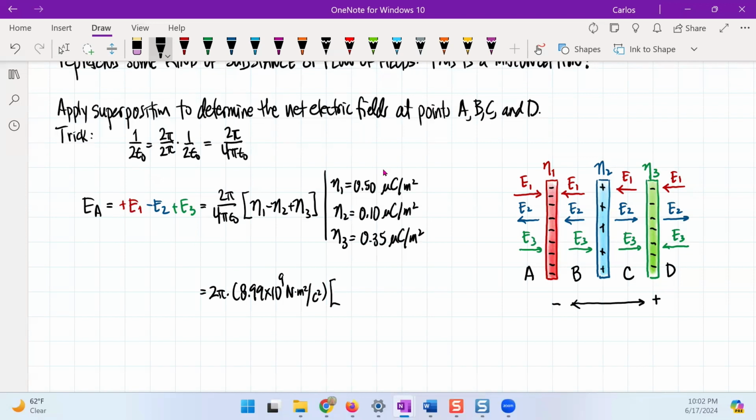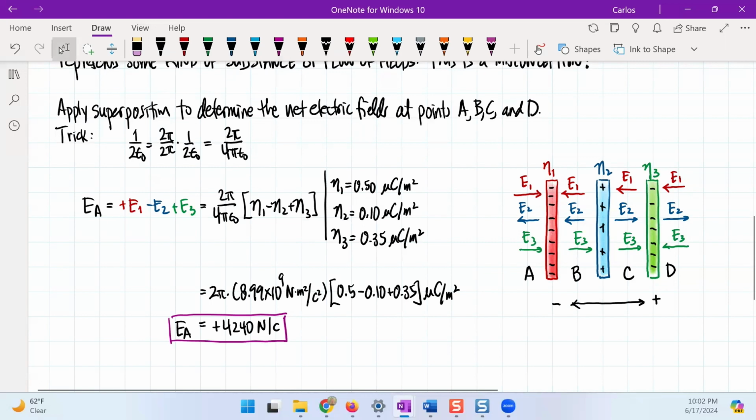And then I get values of 0.5 minus 0.1 plus 0.35, in microcoulombs per meter squared. So when I get that number, I'm going to get positive 4240 Newtons per Coulomb, and that gives me the electric field at location A. The fact that it's positive means it's pointing to the right.